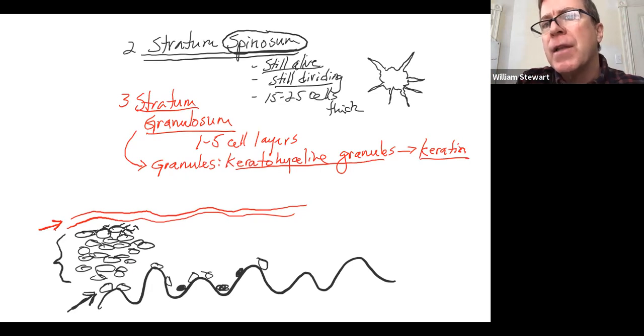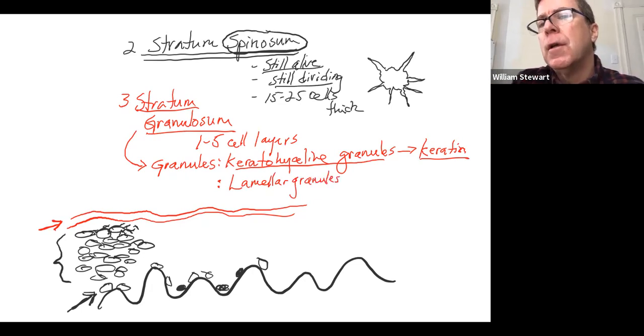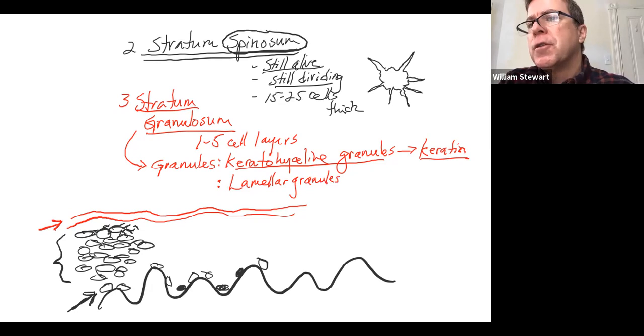The other type of granule that's produced are called lamellar granules, which secrete a glycolipid.